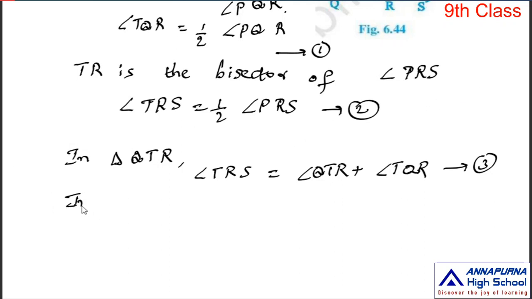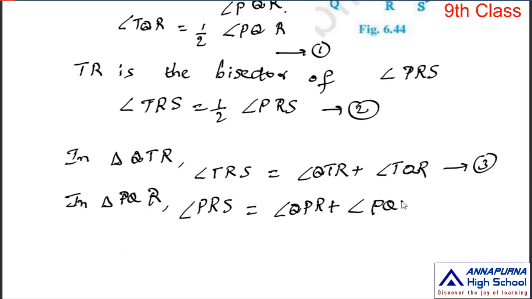In triangle PQR, angle PRS is equal to angle QPR plus angle PQR.